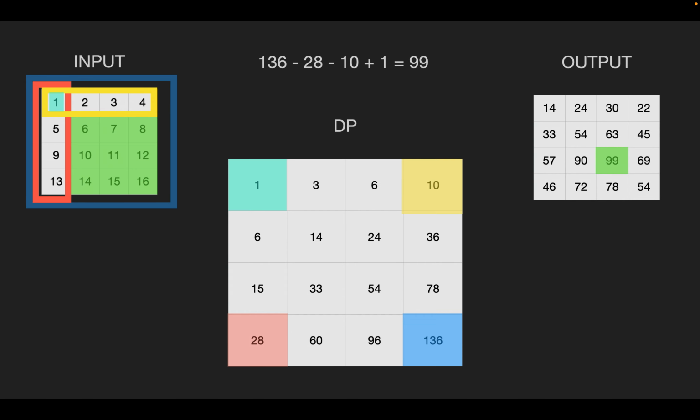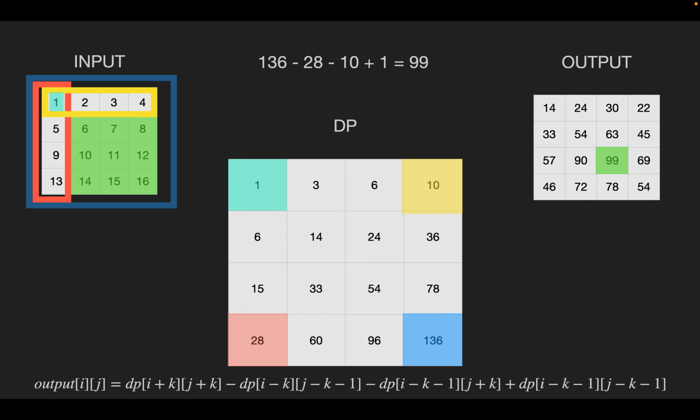So this is going to be another recurrence relation. It's pretty long, but it's not really that bad. So output ij is the sum of the lower right corner of the box in the DP table, minus the lower left corner of the box in the DP table, minus the upper right coordinate, plus the upper left coordinate.